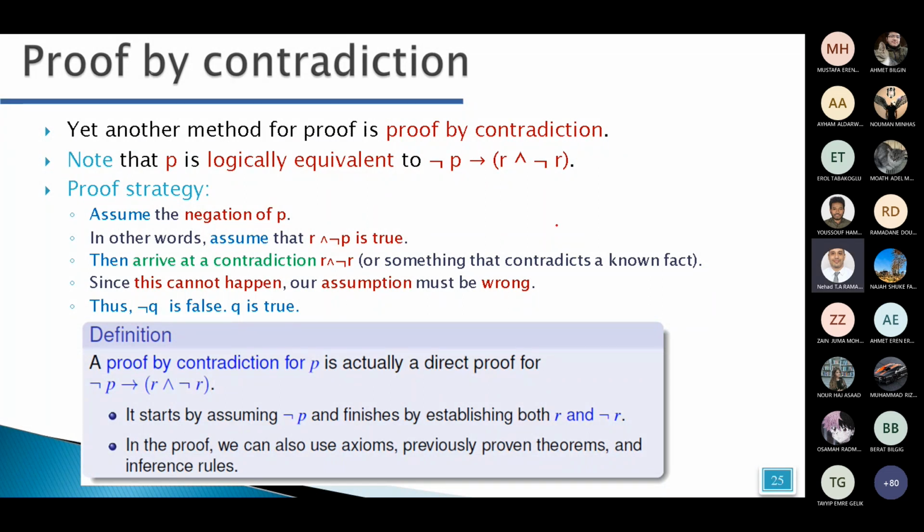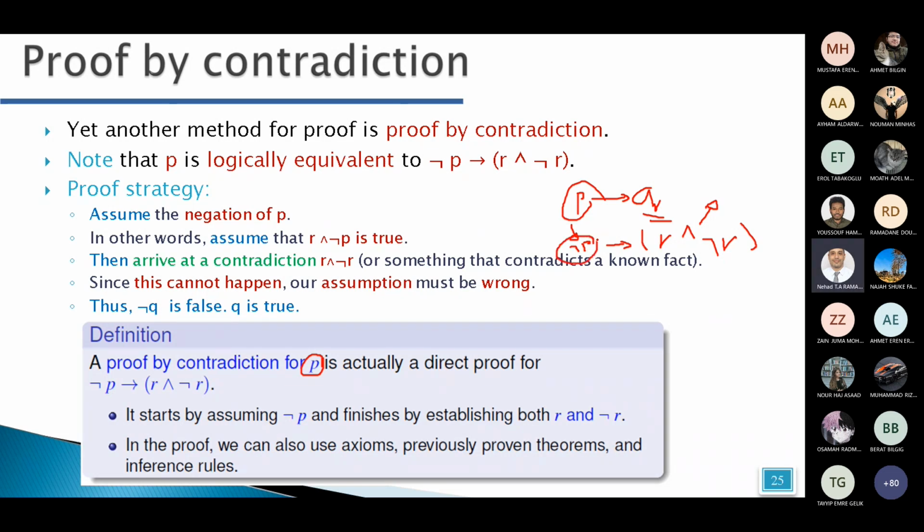We will start with not P. We always think to prove P implies Q. Now we start with not P. In contraposition, we start with not Q. But in contradiction, we start with not P and reach something impossible, like R and not R. R and not R is impossible to be true because anything with its negative is false.